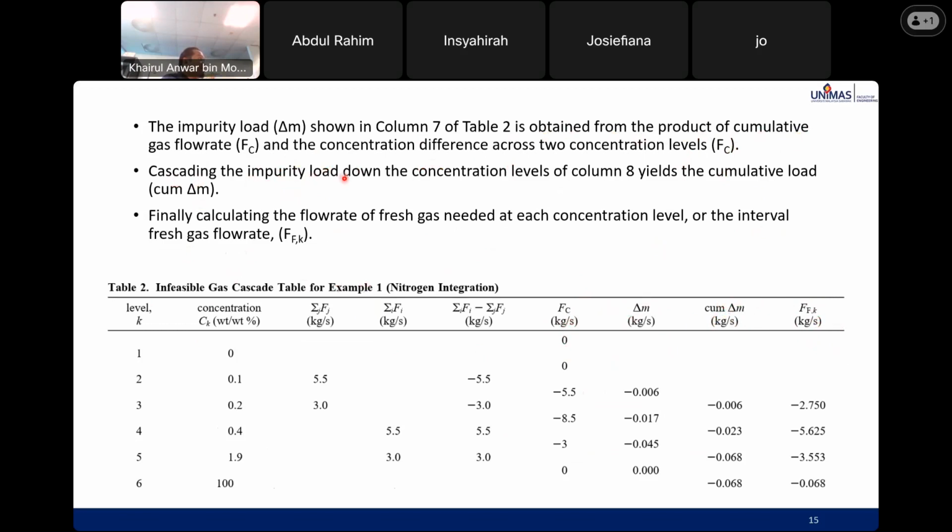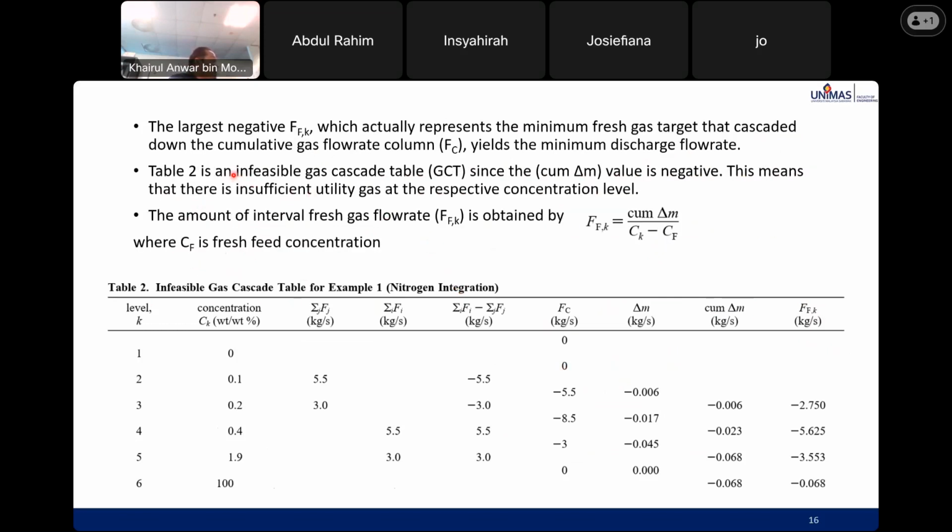Cascading the impurity load down the concentration level of column 8 yields the cumulative load from the delta M. Finally, calculating the flow rate of fresh gas needed at each concentration level, or the interval fresh gas flow rate. So how to calculate delta M?